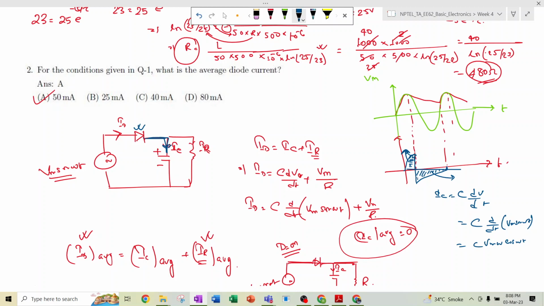These two are not the same in time duration, this one is longer, but the overall area in this region will be exactly equal to the area in this region. That means it will cancel out, and for that reason the IC average value becomes zero. Okay, sir. You understood, right? Yes, sir, I understand.